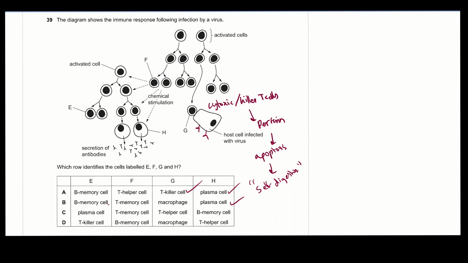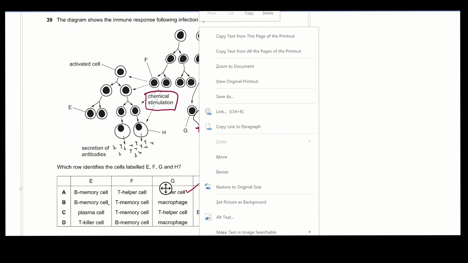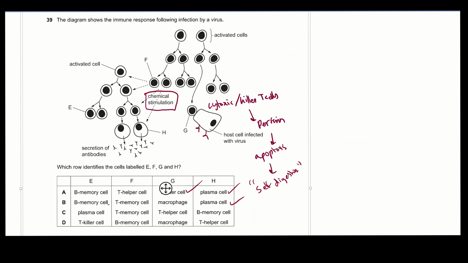Coming to F, here we could see the phrase chemical stimulation, which means that this must be a T helper cell, because T helper cells secrete cytokines. These are chemicals which activate the B cells, which is shown here.